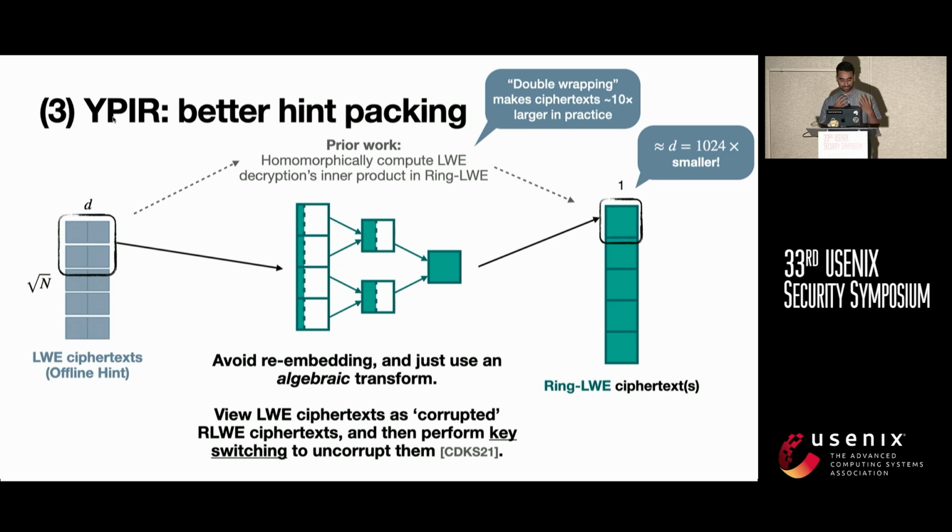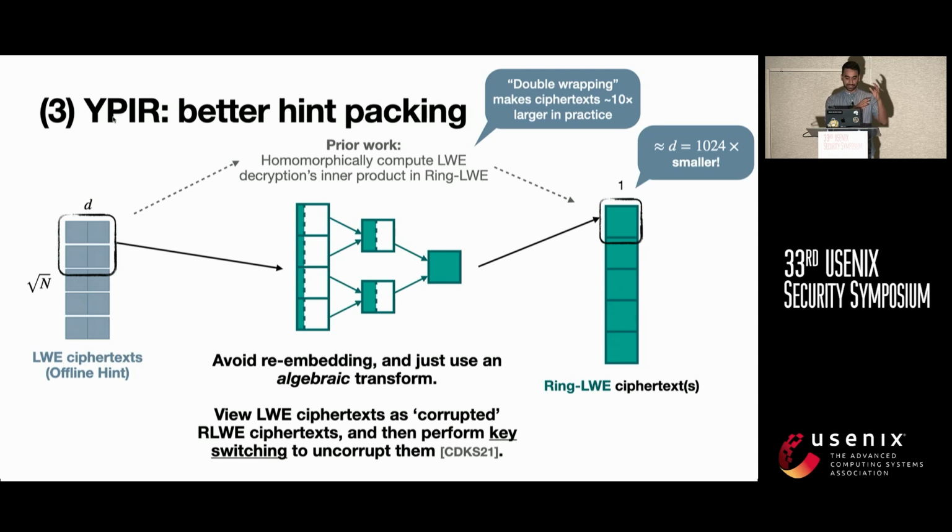So the way this works is, instead of re-embedding LWE inside ring LWE, there's actually a direct way to view an LWE ciphertext as a kind of corrupted, almost temporarily embarrassed, ring LWE ciphertext. This is prior work; there's a good work by Chen et al. that shows how to do this.